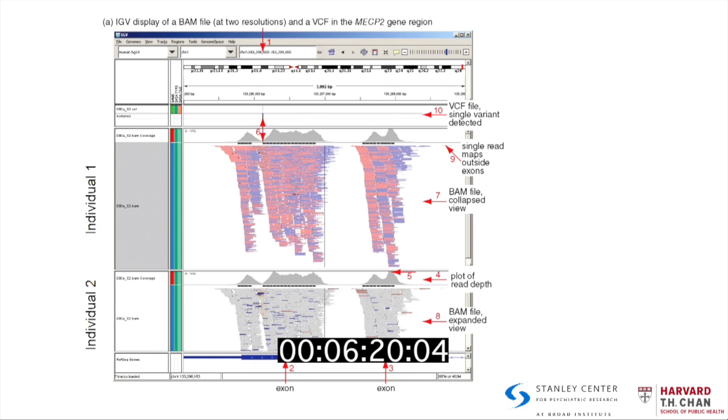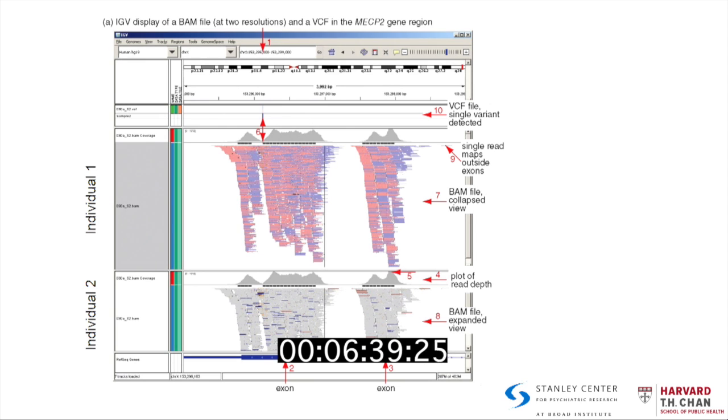So once again, we're aligning our fragments, now shown in these two windows. We're looking at two different individuals and the reads for each of them. We can see that we're mostly covering the exons, but there are a couple places in there that are just not getting as good coverage.